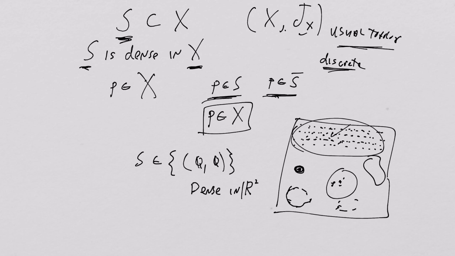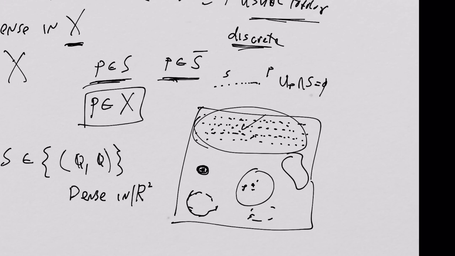Because no matter what happens to a sequence, the point that it would be limiting to is contained in its own open set. If the set is S, and that's the point P, there is a neighborhood of P that is totally disjoint from S, namely the point P itself, which is now an open set because of the discrete topology.